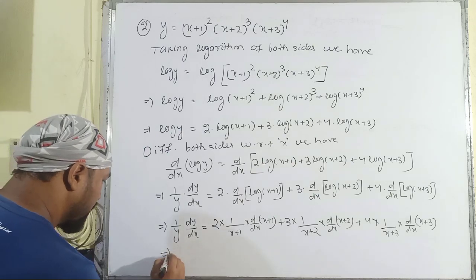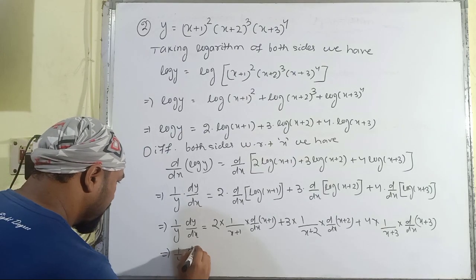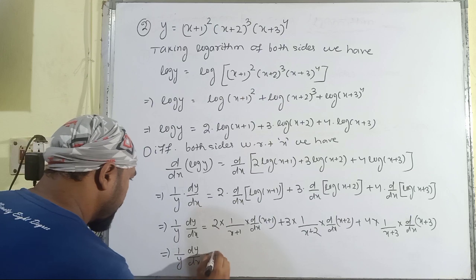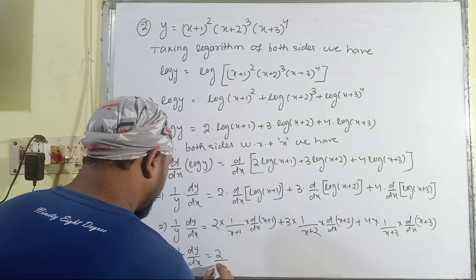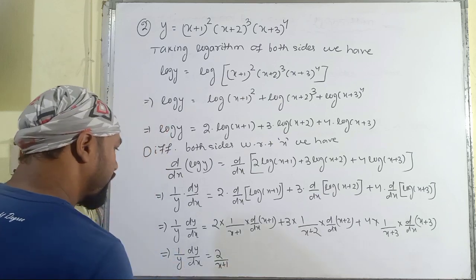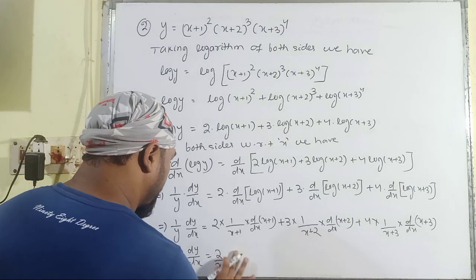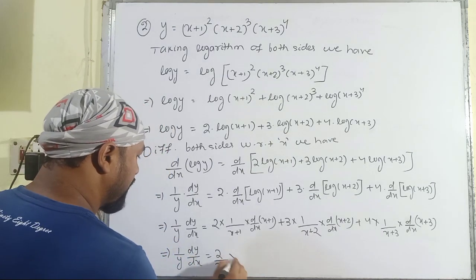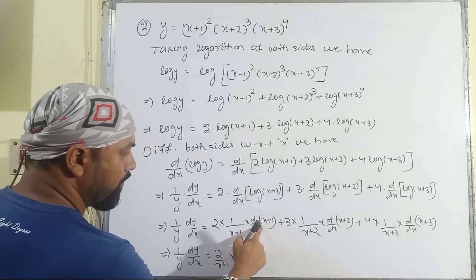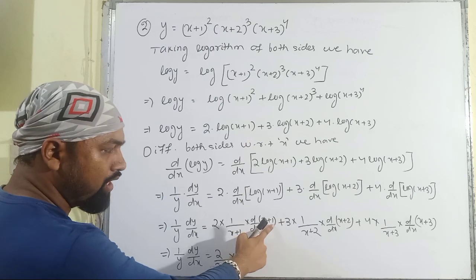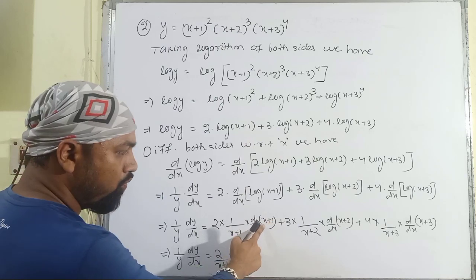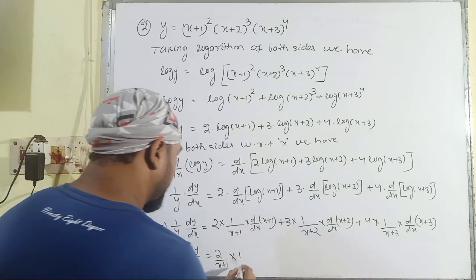Then here 1 upon y dy upon dx is 2 divided by x plus 1 multiplied with differentiation of x plus 1, which is equal to 1, because differentiation of x is 1 and differentiation of 1 is 0. 1 plus 0 is 1.